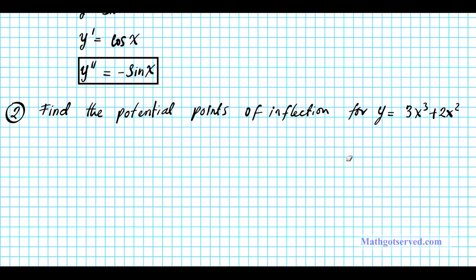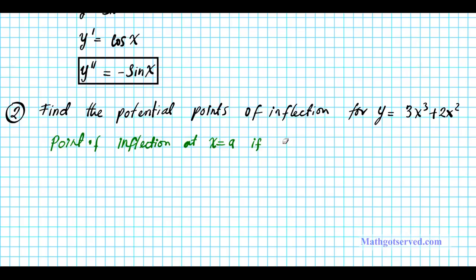What is this problem asking us to do? What is involved in finding the potential points of inflection? You have a point of inflection at a particular point x equals a if you have two conditions.